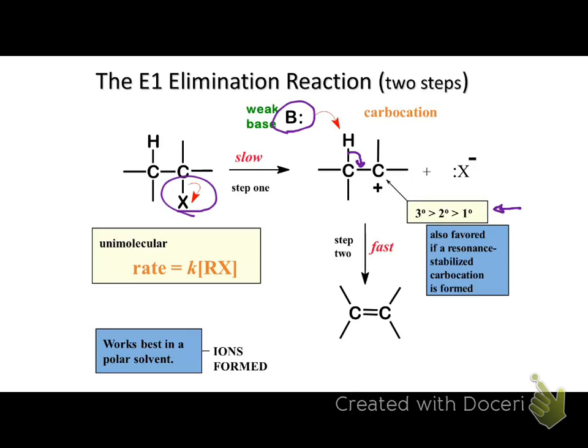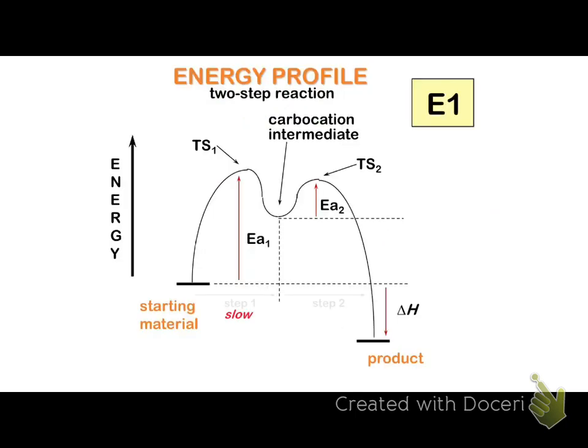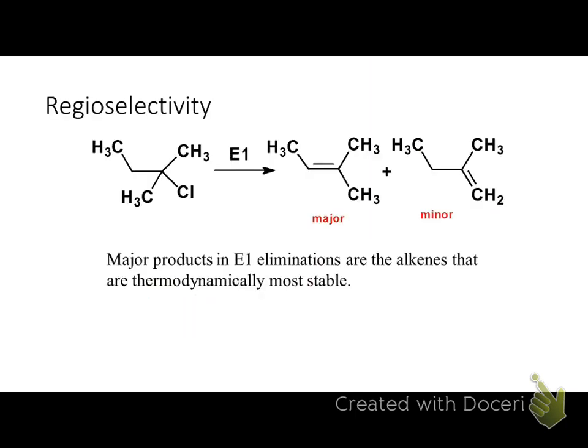Most substituted double bond is the one that's formed. Yeah, we don't need to know that part. Again, E1, just like E2, you get your major product is your more substituted one, and your minor product is your less substituted one. So it looks exactly the same.